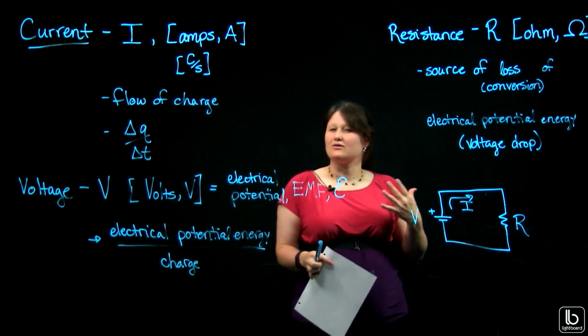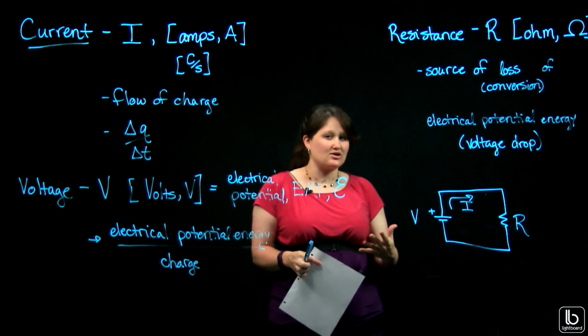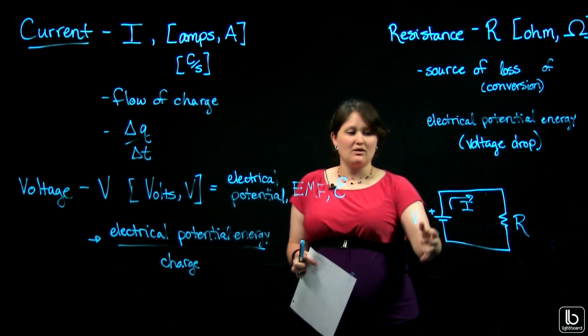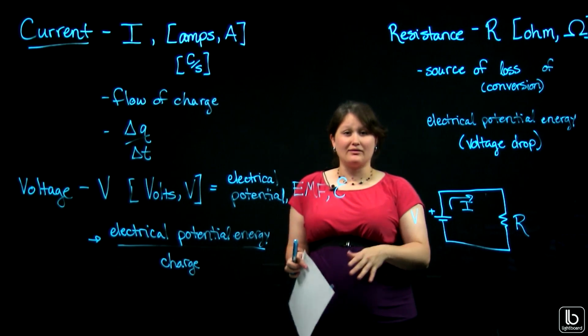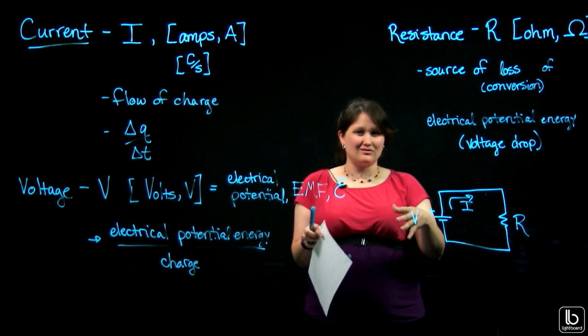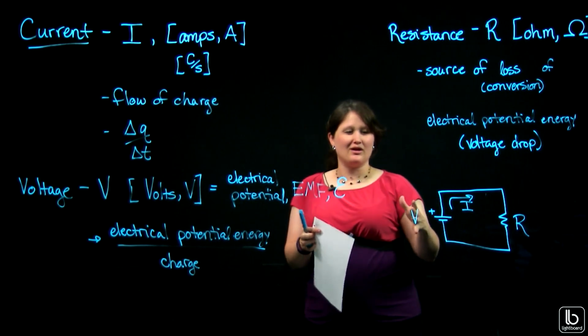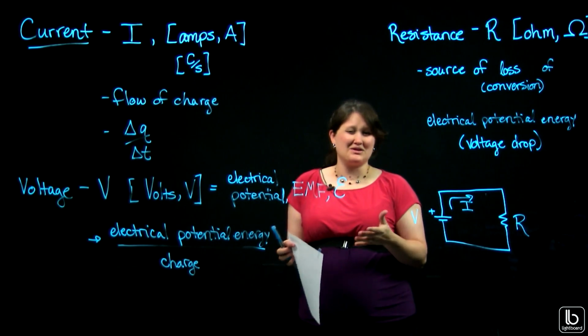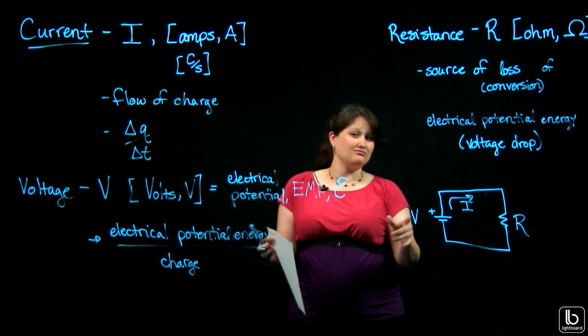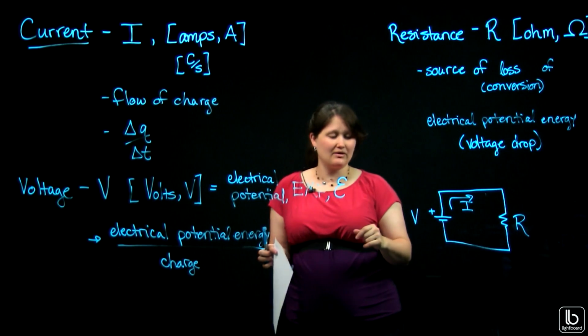Now, what direction are electrons actually going to flow? They want to flow to the positive. This is actually a case where our terminology got ahead of our concept. So we talked about current flowing from positive to negative, and that's because Ben Franklin didn't know what an electron was.